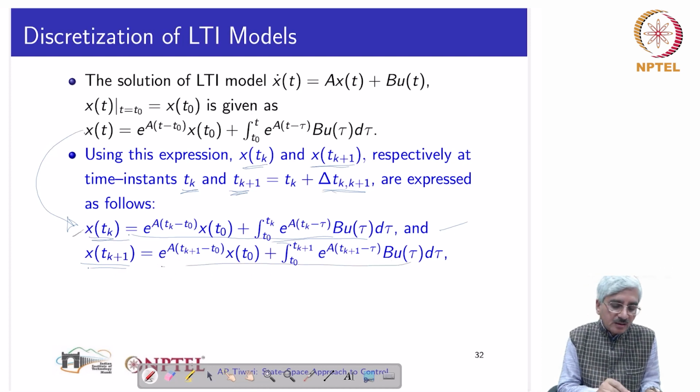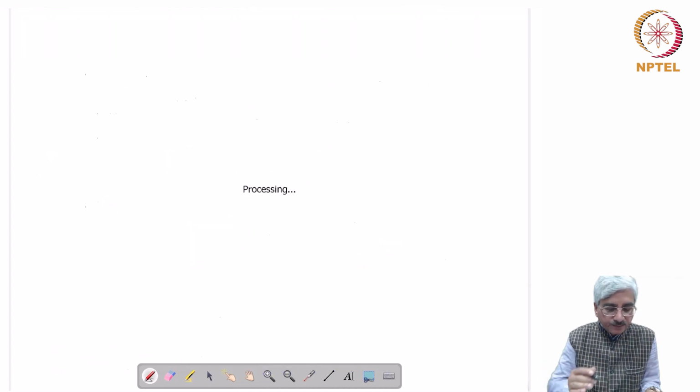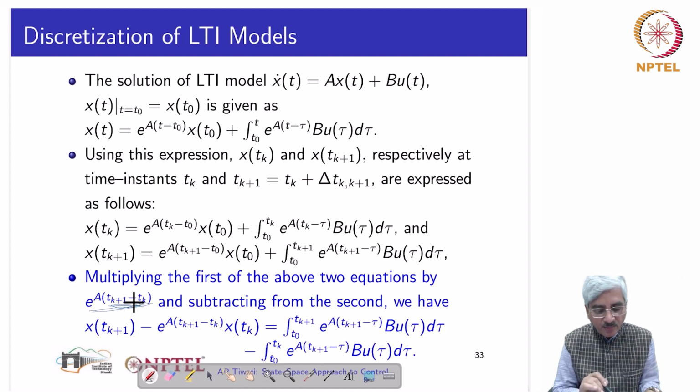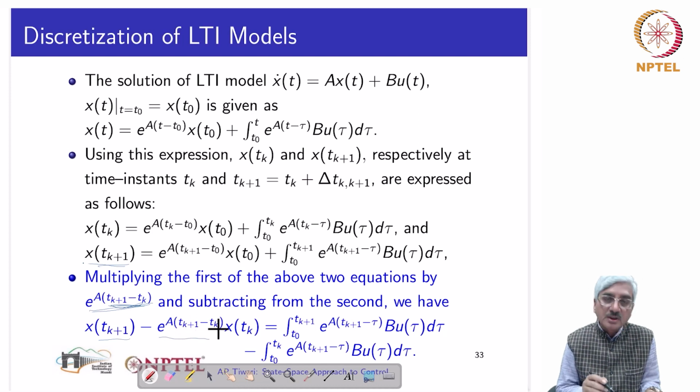Now we pre-multiply this equation by e power A delta t, where delta t is tk plus 1 minus tk, and subtract from this x(tk plus 1). So the left hand side is x(tk plus 1) minus e power A delta t into x(tk), which is this thing minus this thing.